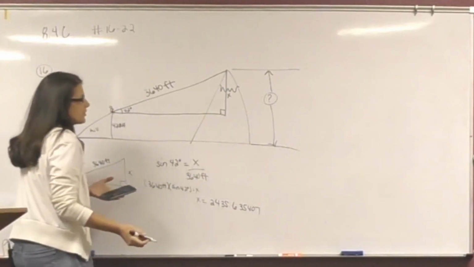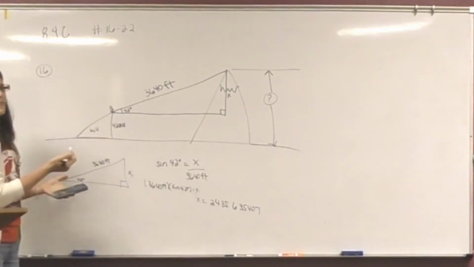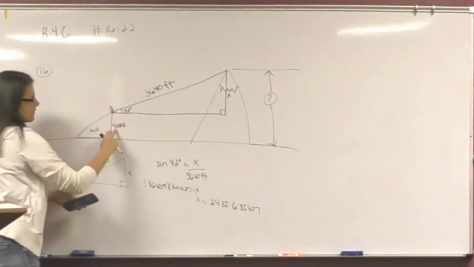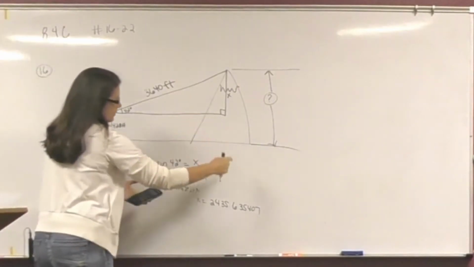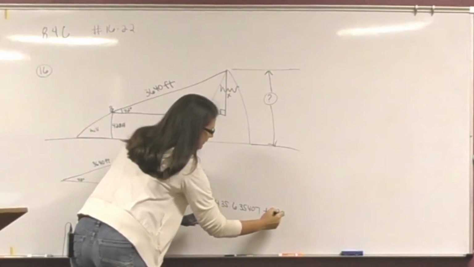But the question is, how tall is the mountain? So I need to add to this number this 428 feet that she's up, okay? So we're going to add 428 feet.